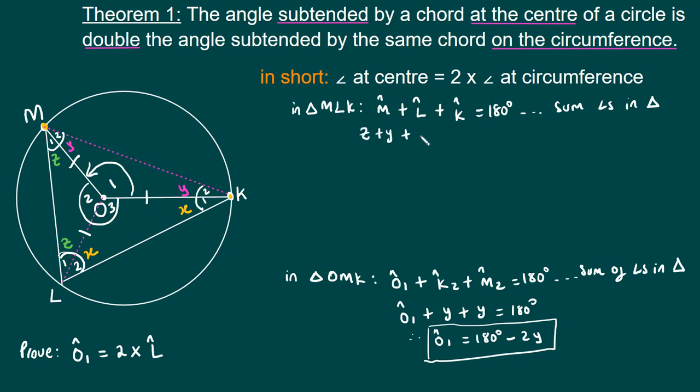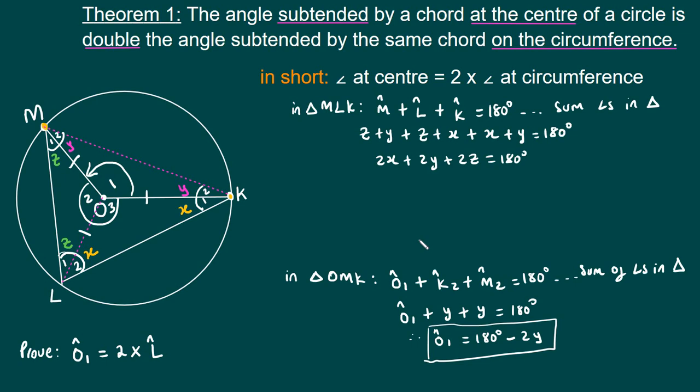Angle L is going to be z plus x. And K is going to be x plus y. In simple terms, you're always going to have 2x plus 2y plus 2z being equal to 180. Why? Because z and z is 2z, x and x is 2x, y and y is 2y. So after this step, you are always going to have 2x plus 2y plus 2z.